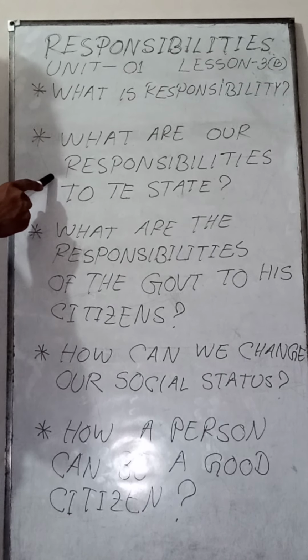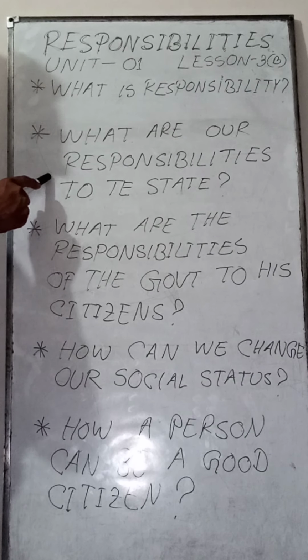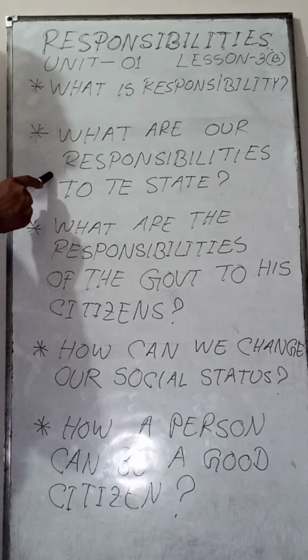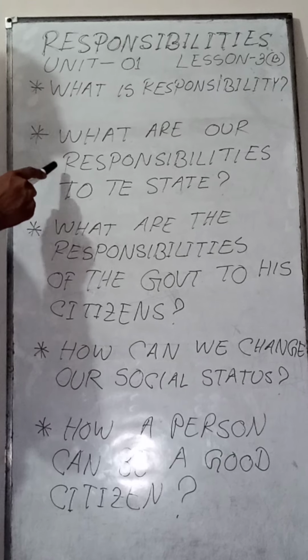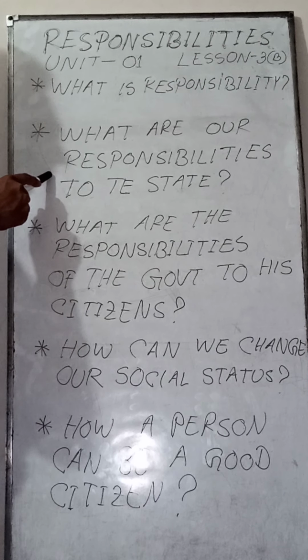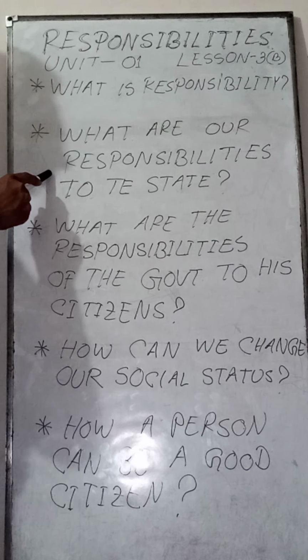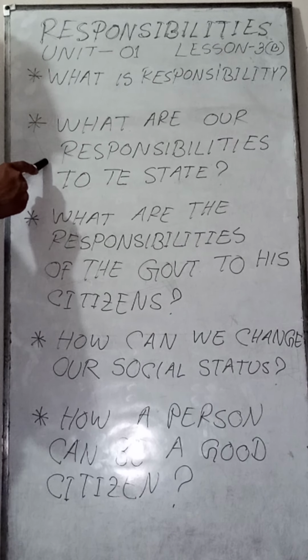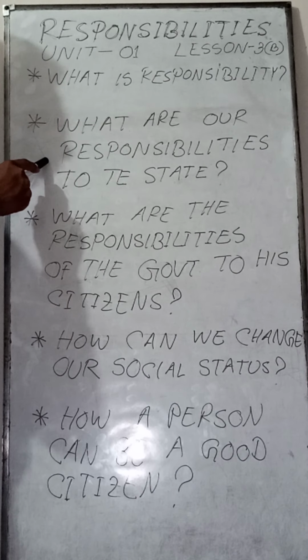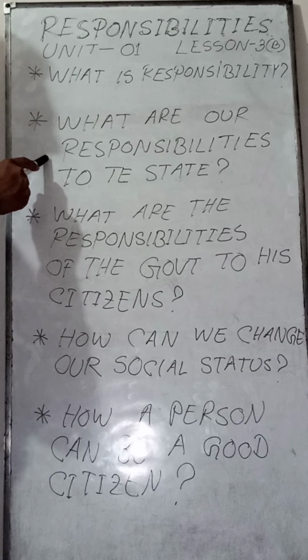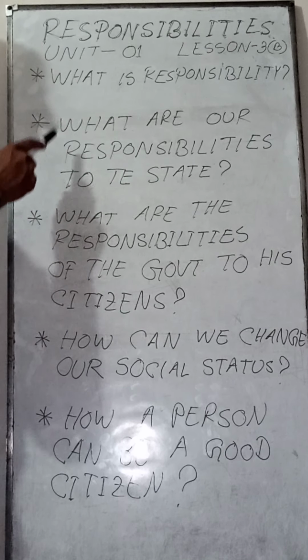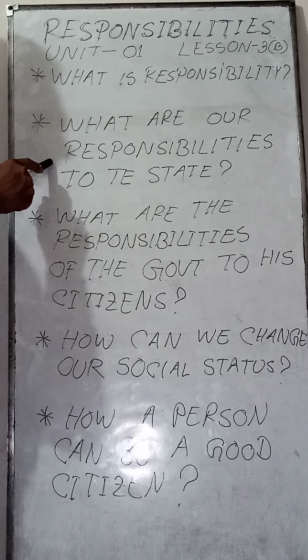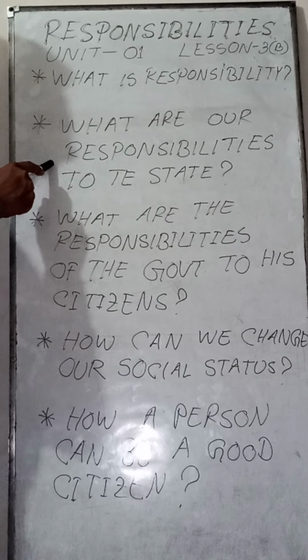This is our responsibility. We should keep our environment neat and clean. We should not pollute our environment by throwing polyethylene bags. We should not pollute our air, water, and many other important elements of our environment. These are our responsibilities to the state.